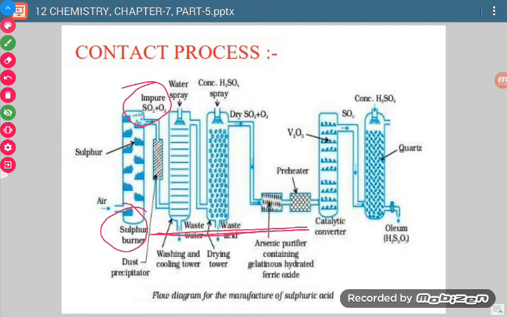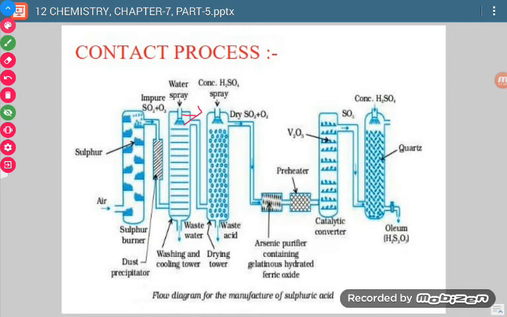Okay, this is washing unit where water is sprayed from the top and sulphur dioxide, which is impure, is fed from the bottom. As sulphur dioxide moves up, it comes in contact with water, and water carries away those impurities which are washable. So from here, when it comes out, it is free from washable impurities.